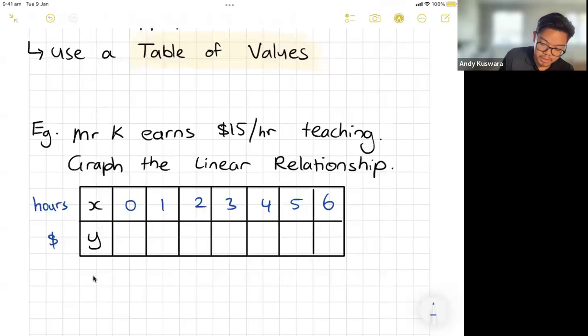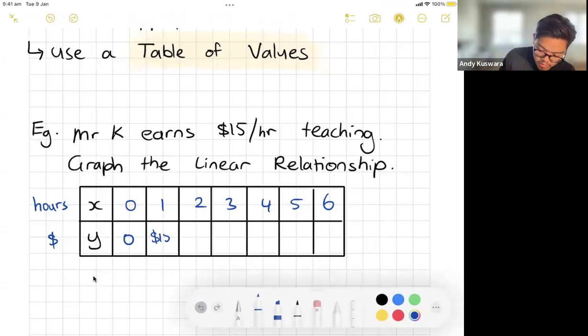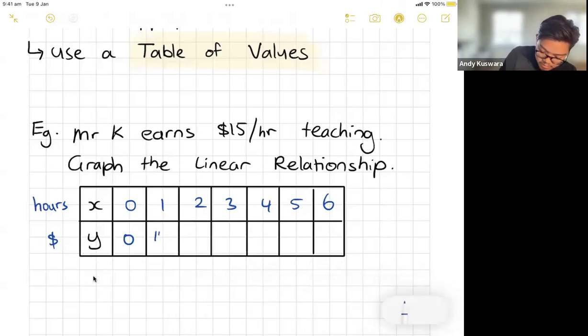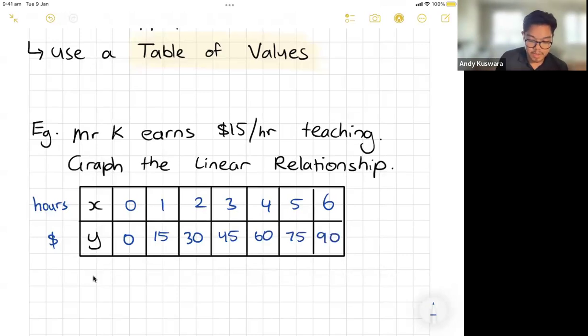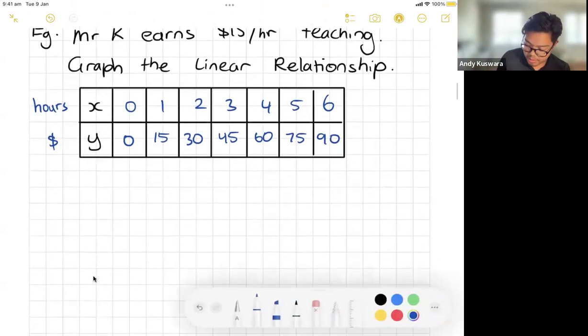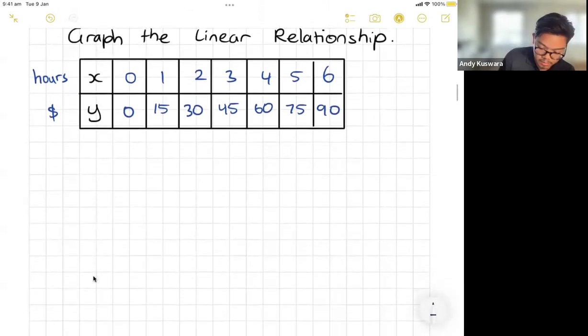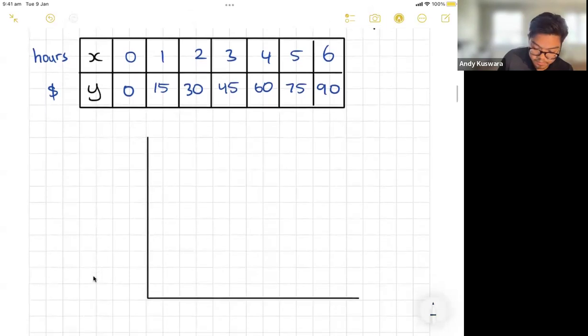If I work 0 hours, I'll be making $0. And then for everyone after that, I'm just going to write it in terms of 15, 30, 45, 60, 75, 90. Now, to graph this linear relationship, I'm going to draw some nice little axes here. You're going to use a ruler. I don't have to because iPad.